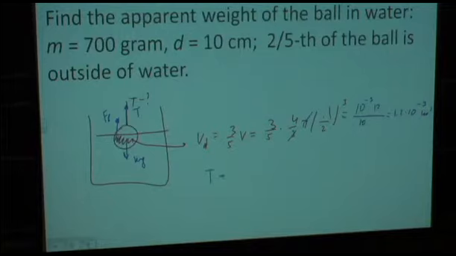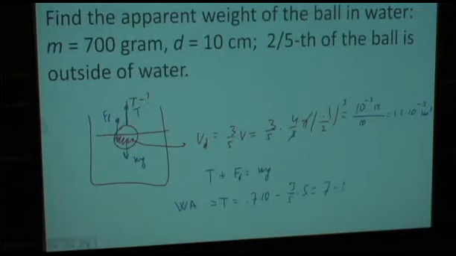And tension plus the new buoyant force will be equal to the old force of gravity. So the new tension, which is the new apparent weight we're looking for, will be equal to the same force of gravity, which is 0.7 times 10, minus the new buoyant force, which is equal to 3/5 of the old buoyant force. If the volume is 3/5 of the old, the buoyant force will be equal to 3/5 of the old, and that was equal to 5 newtons.